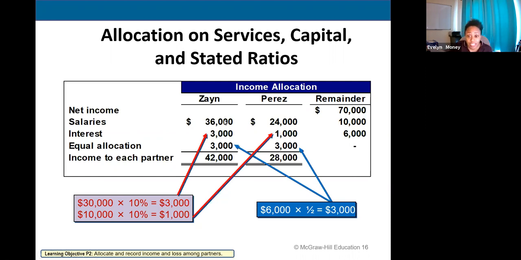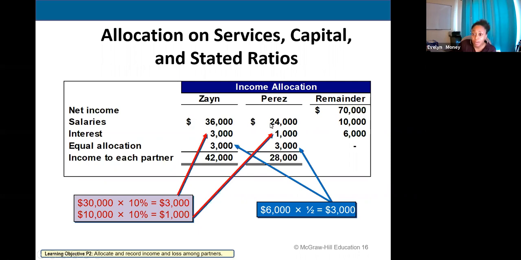So once we give 36,000 to Zane and 24,000 to Perez, we have to determine what portion of net income is left to allocate. And here's what I mean. We started with 70, and of this 70, during the year, Zane got 36 because he got a salary allowance, and Perez got 24.